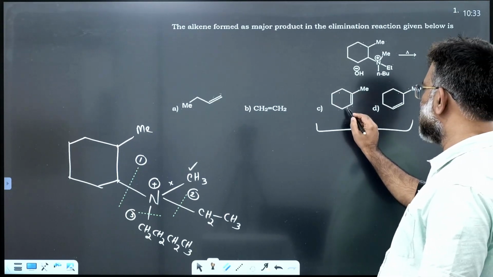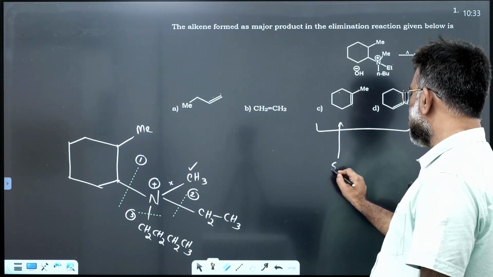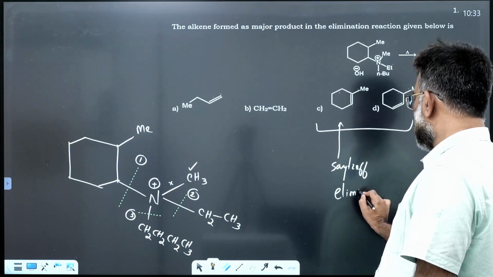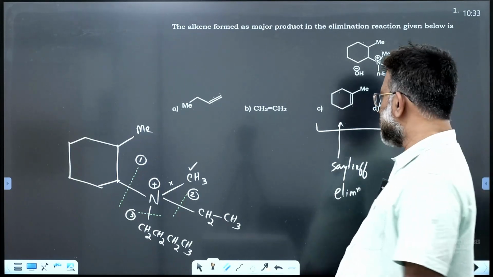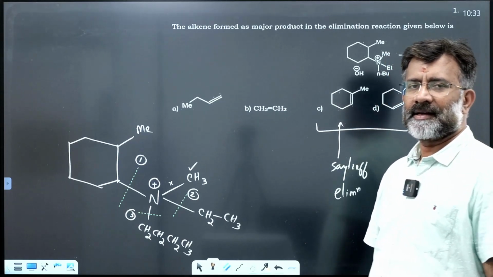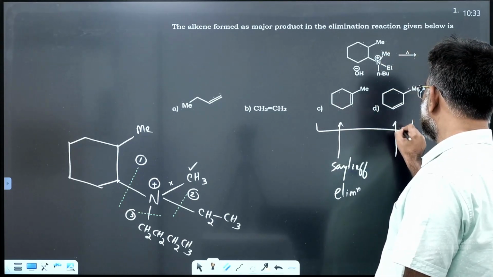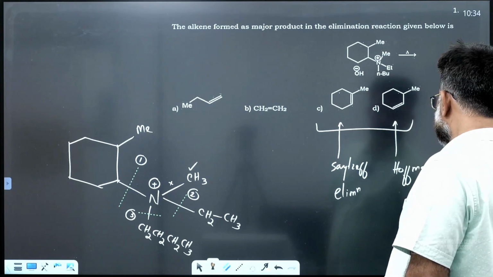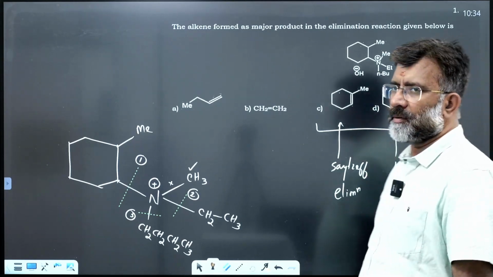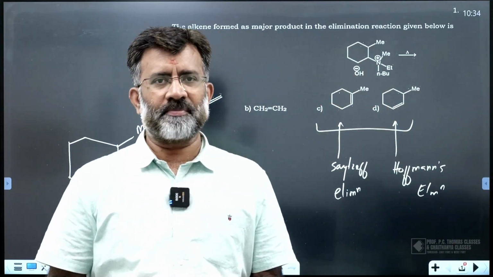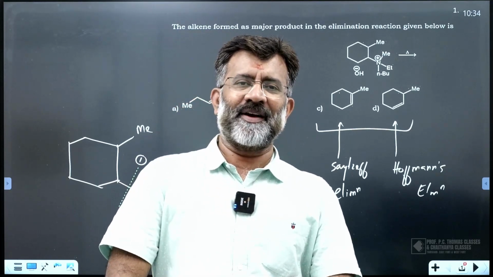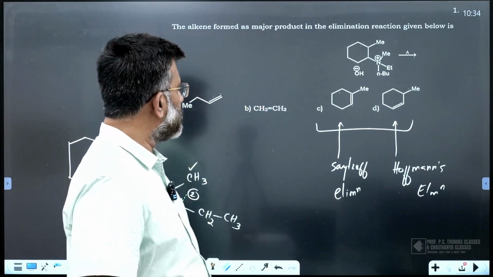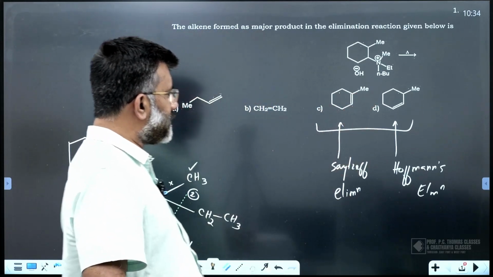According to Saytzeff elimination, compound C comes as the product, and according to Hofmann's elimination, it will be compound D, because Saytzeff elimination promotes the most substituted alkene, while Hofmann elimination generally promotes the less substituted alkene. So that is most substituted, that is less substituted.